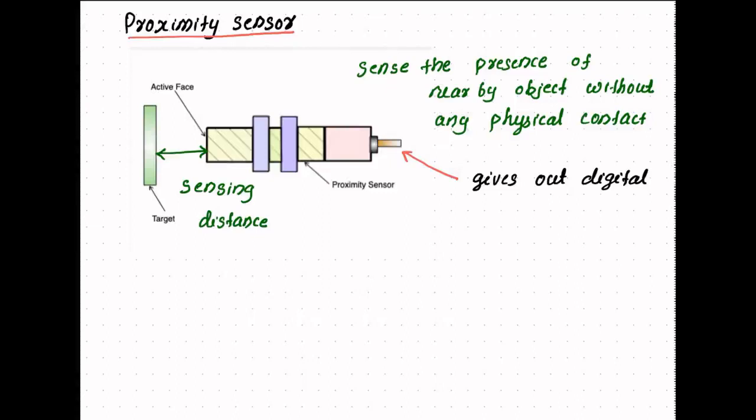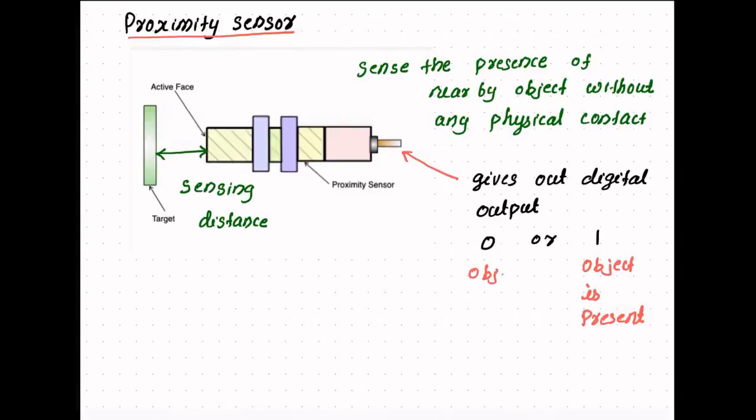A proximity sensor is usually called a digital sensor because it gives only output information about whether the object is close to the sensor or far away from the sensor. It never gives any information on how far away it is from the sensor, which means that it never measures the distance. That's why these proximity sensors are usually called digital sensors.